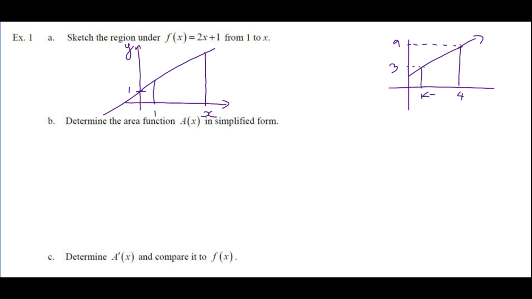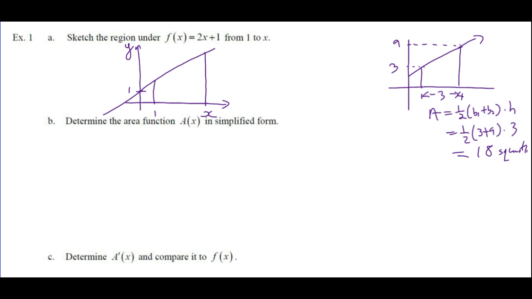This distance is, okay, so this area is, okay, just to give us an idea, or appreciation.